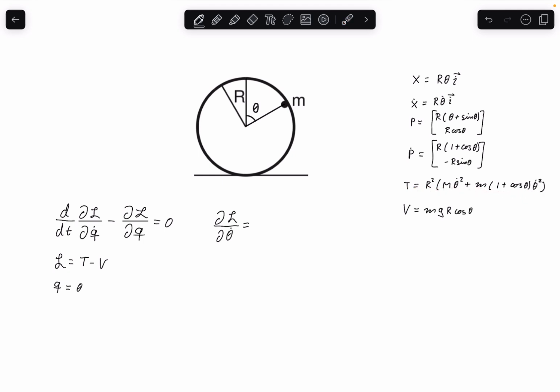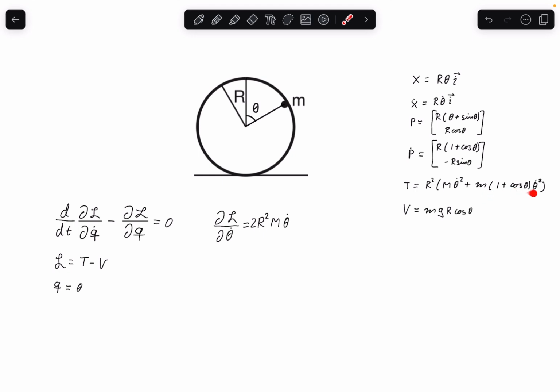If we take the derivative of the first part, this is r squared, and we still have m. We just take the derivative of theta dot squared, so we get that. And this part is constant, so it just disappears.